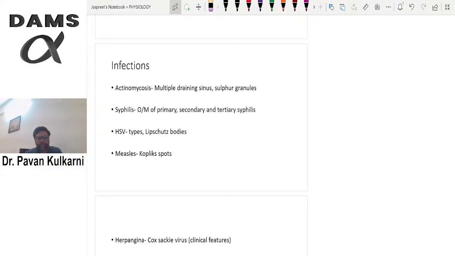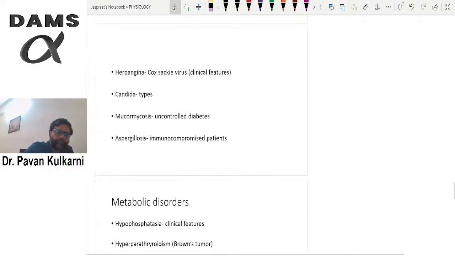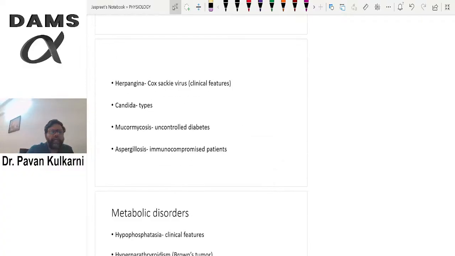That is what is usually asked. And moving on to herpangina, a commonly asked question is its clinical feature. What is the speciality of herpangina? Herpangina typically affects the posterior palate. The anterior part of the oral cavity is totally normal in case of herpangina. And you get questions on its etiology, that is Coxsackie virus.